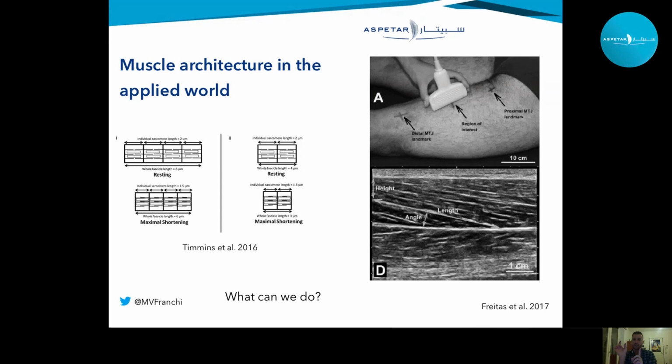And a lot of the literature, not just on biceps femoris but before on other muscles, shows that if you apply lengthening contraction, so the lengthening stimulus and the strain, the muscle architecture results in an increase in fascicle length.